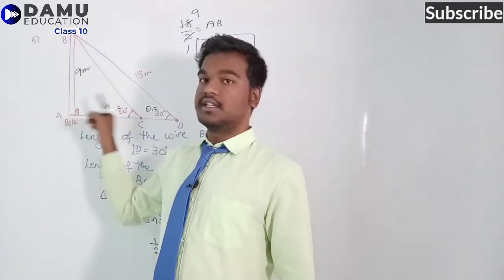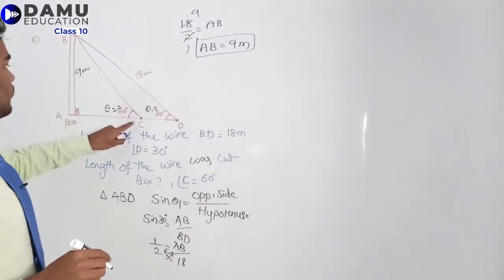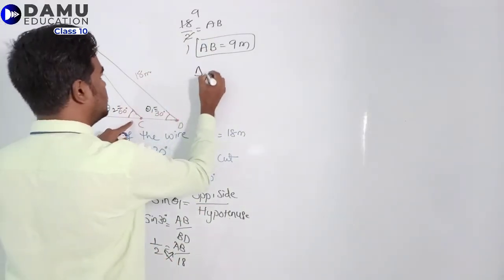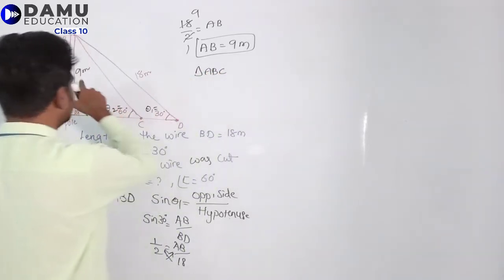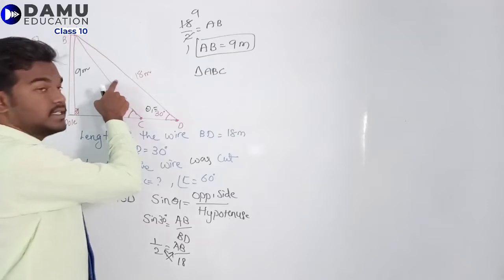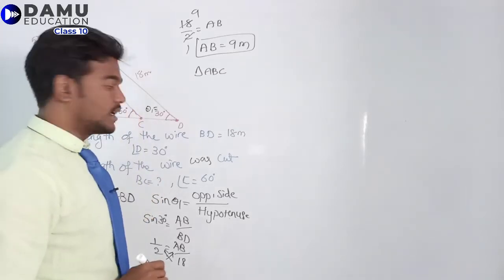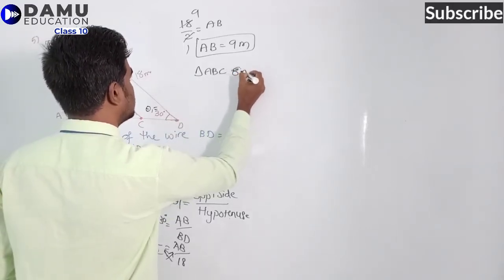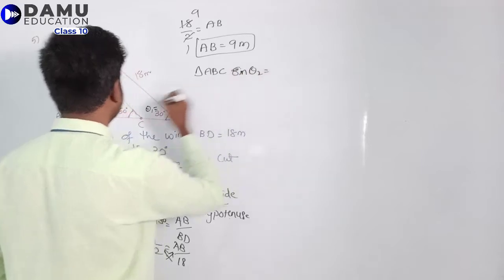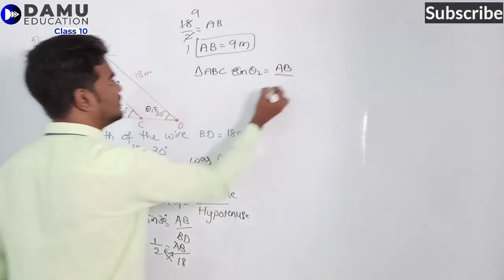This is the length of the electric pole. Based on that information, we can calculate the length of BC. Same in triangle ABC, sine theta 2. The opposite side is AB, and the hypotenuse, which we don't know, is BC.